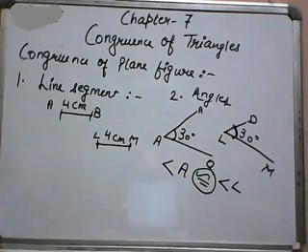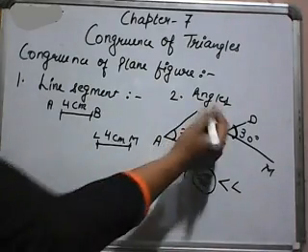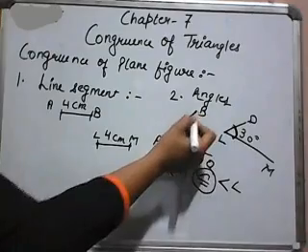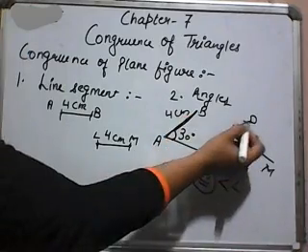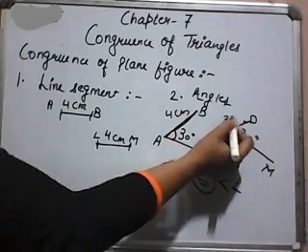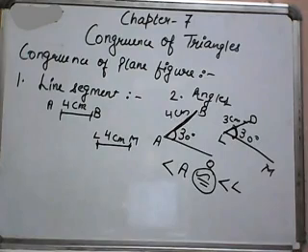Now, while examining the congruency of two angles, the length of arms is not important. Here the length of arm AB is 4 cm. Here the length of arm LD is, suppose, 3 cm. In case of angles, arms are not important. What is important?